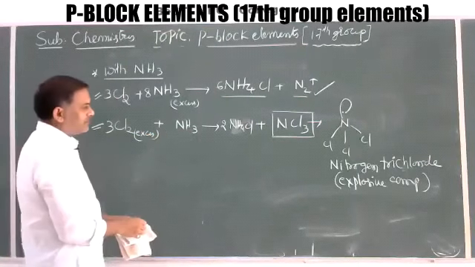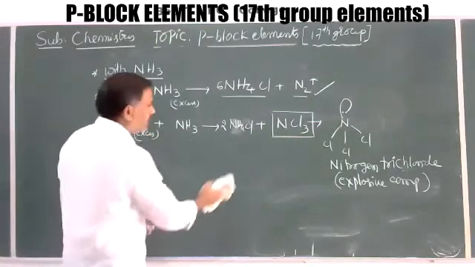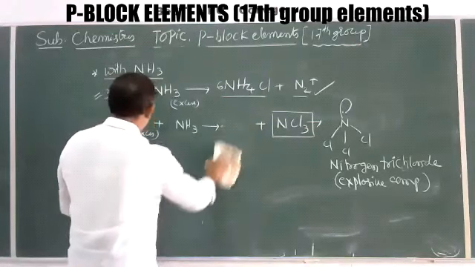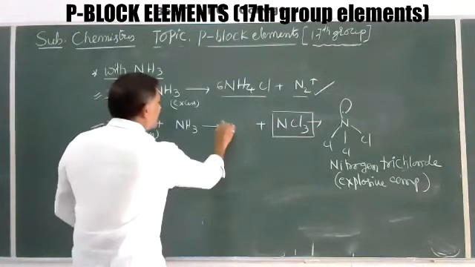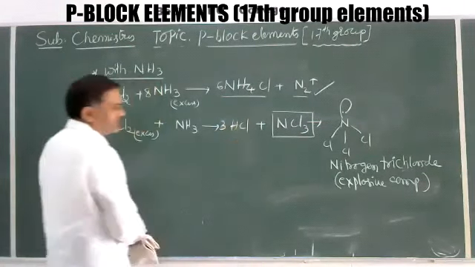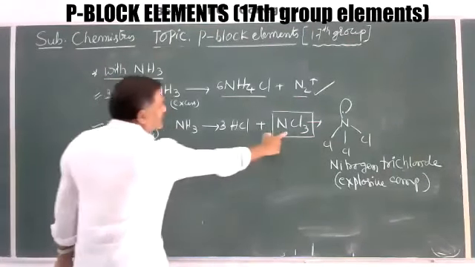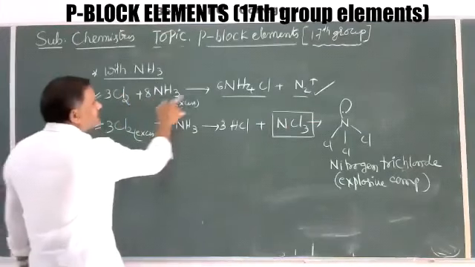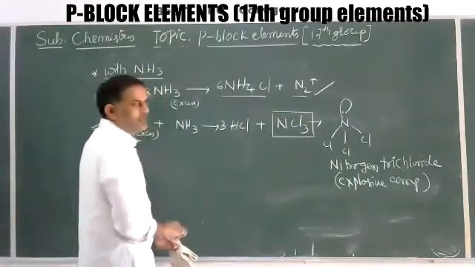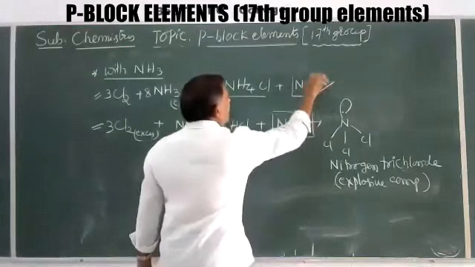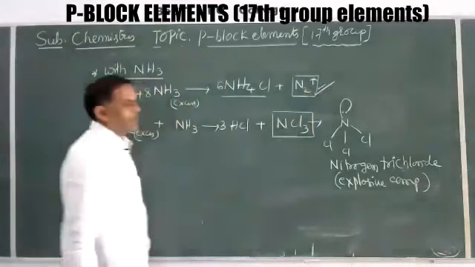It gives 3 HCl, hydrochloric acid. Now here, if chlorine is in excess, we'll get NCl3. If ammonia is in excess, we'll get nitrogen gas. These two are very important reactions.